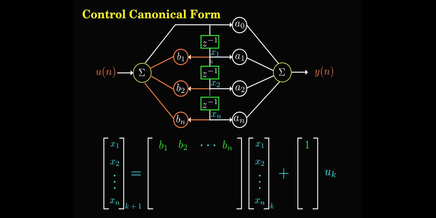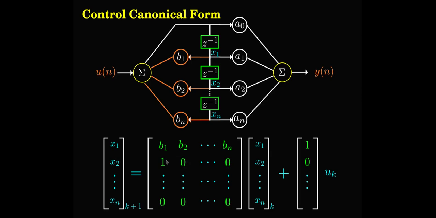So what is x2 k plus 1? The same as x1 k. So x1 k, all else 0, defines x2 k plus 1. Likewise, xn k plus 1 would be all zeros except the one before, right?